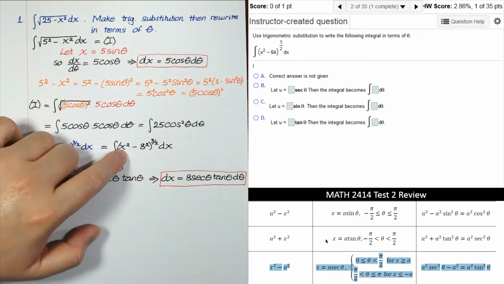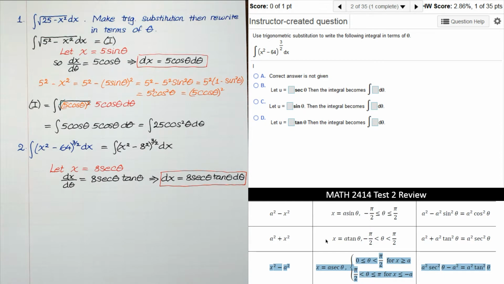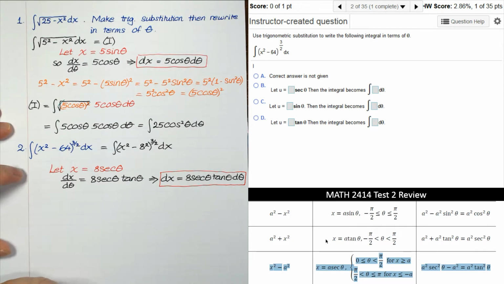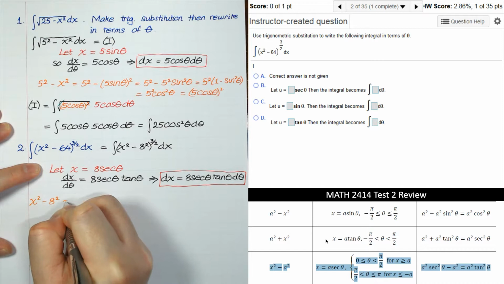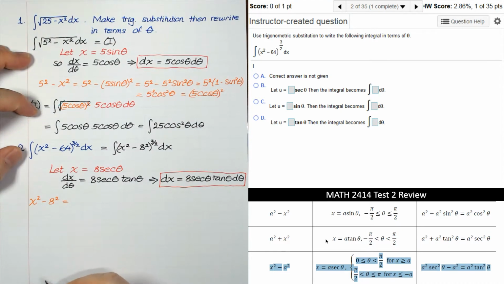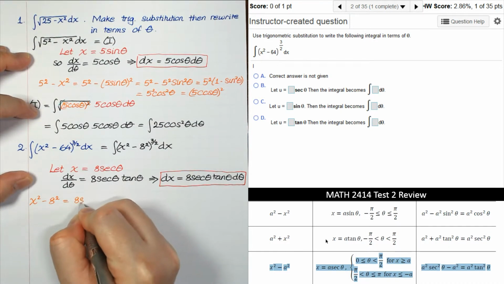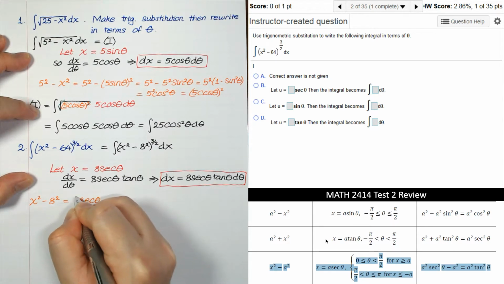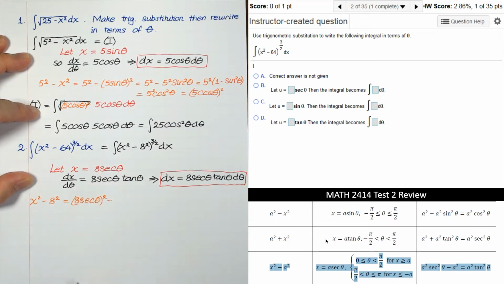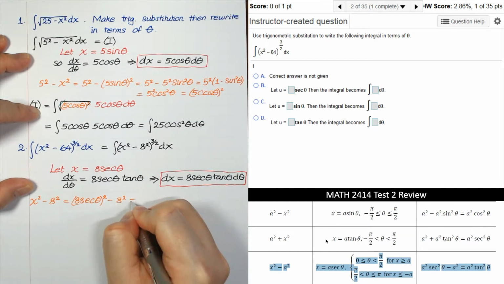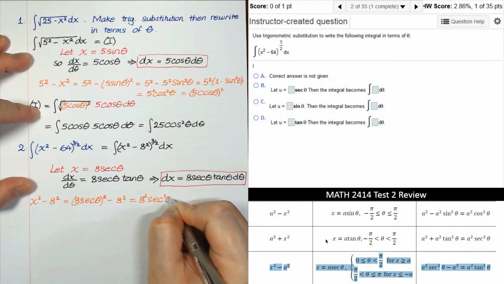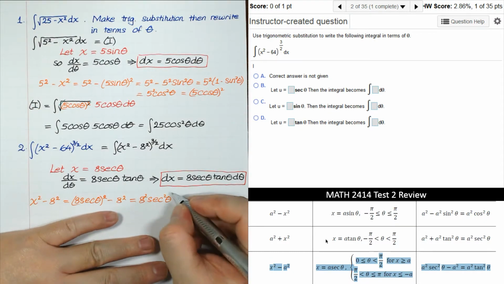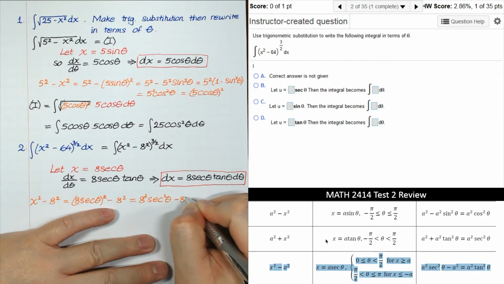And then we just need to do the x squared minus 8 squared. Of course, it's going to be a squared tangent theta squared. That is at the bottom right hand corner. But I'm just going to do that again. x squared minus a squared. x is a secant, so a squared secant squared minus a squared.